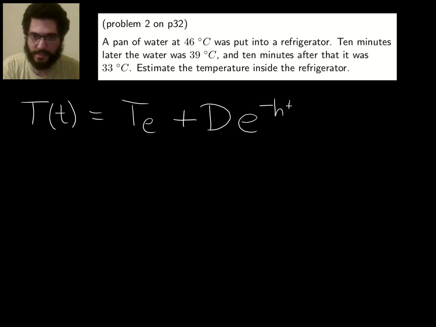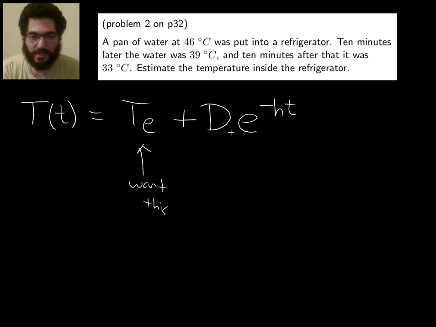And what was this? A minus ht. So this is telling us temperature of object, temperature of environment. In this case, that's the temperature in the fridge. That's what we want. We want to know what this is. This constant is actually the unknown in the problem.